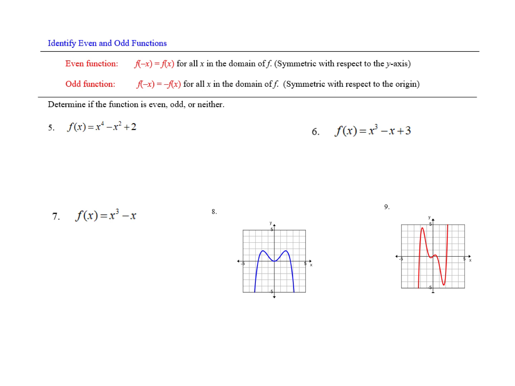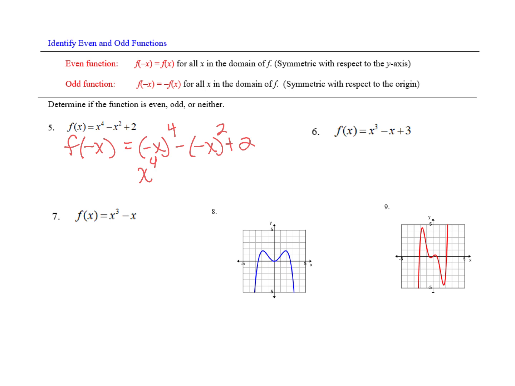So let's look at some examples of this. Let's look at this first one. If I plug negative x in, I'm going to get negative x to the 4th power minus negative x to the 2nd power plus 2. Well, negative x to the 4th power means multiplying negative x times negative x times negative x times negative x. That's going to give me, because there are 4 negatives, positive x to the 4th.